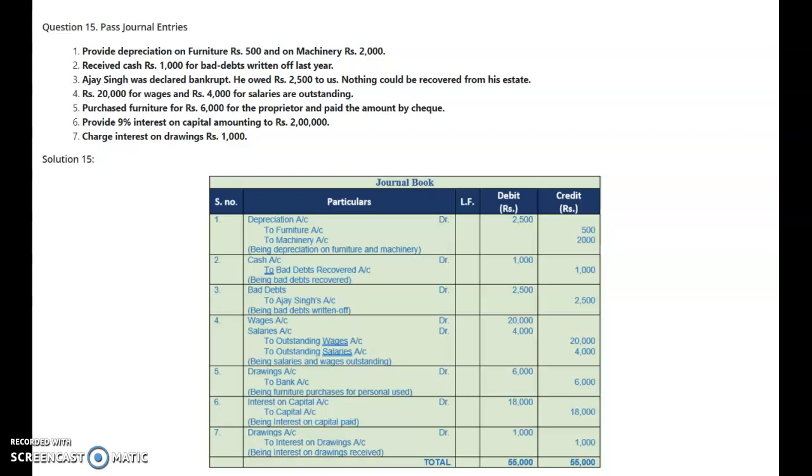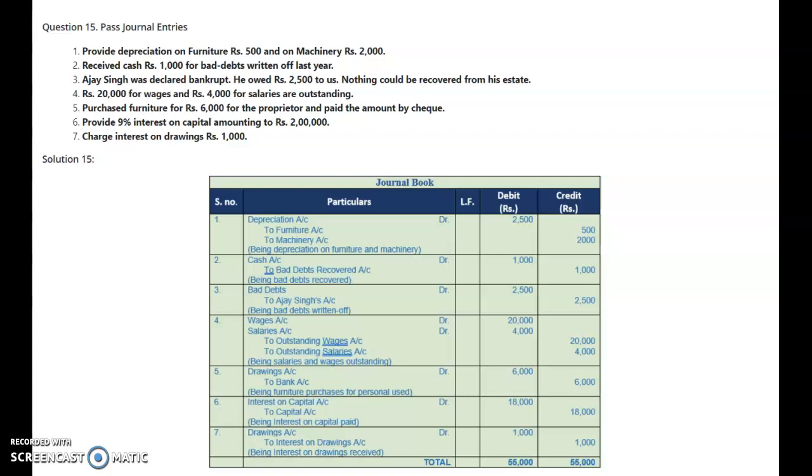Likewise here, you will calculate the depreciation as the value of the asset into rate upon 100 into the duration, that is 3 months, 6 months, 9 months, 2 months, 7 months, like that, divided by 12, because we will convert those months into years as the rate of depreciation is given in terms of years.